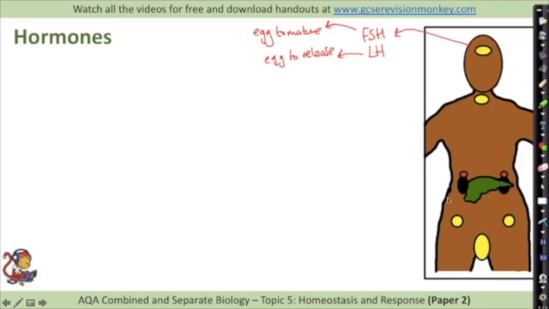The other endocrine glands that are involved in this process are the ovaries, and they produce two hormones called estrogen and progesterone, and these two are involved in growing and maintaining the uterus lining.